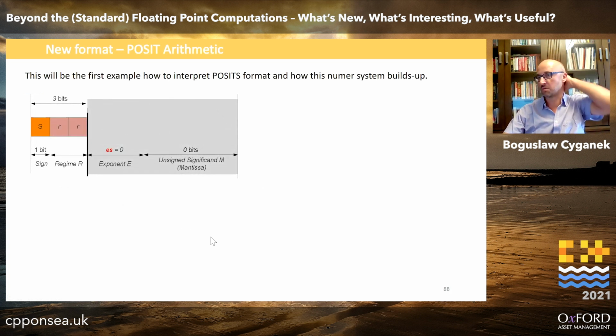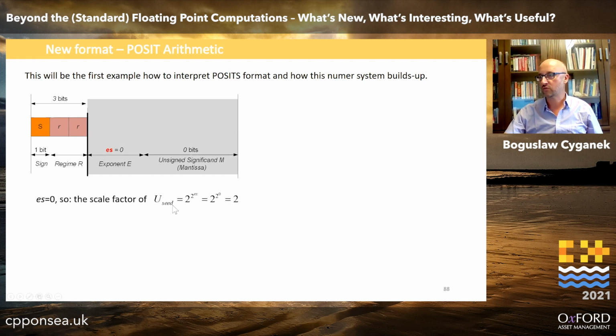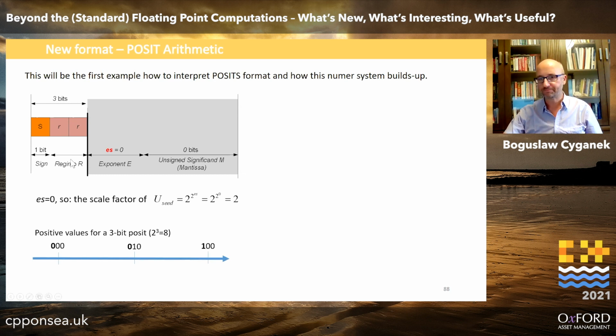But take a look at the 3-bit POSIT here. So we have this, you see it is 2 to the power of 2 to 0, which is 2. So we have 0 exponent bits and 0 fraction bits. So we have only 2 bits of regime and 1 bit of sign. So we have 8 possibilities. We can draw them on a horizontal line.